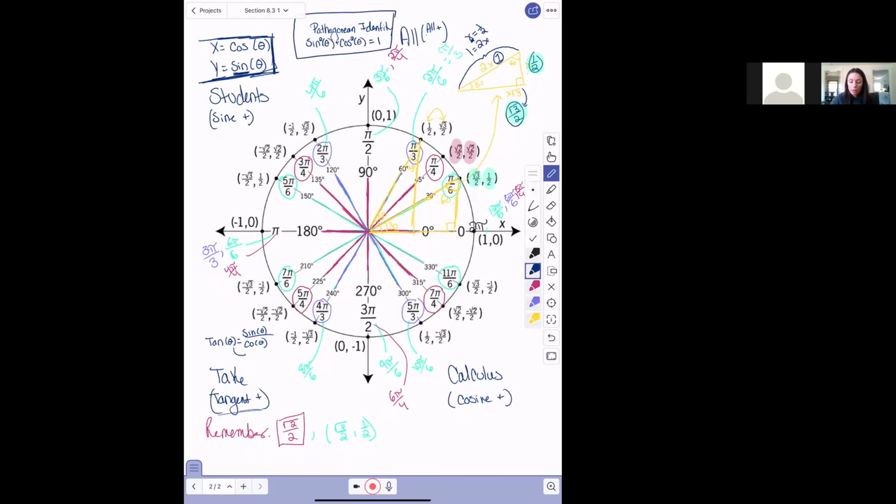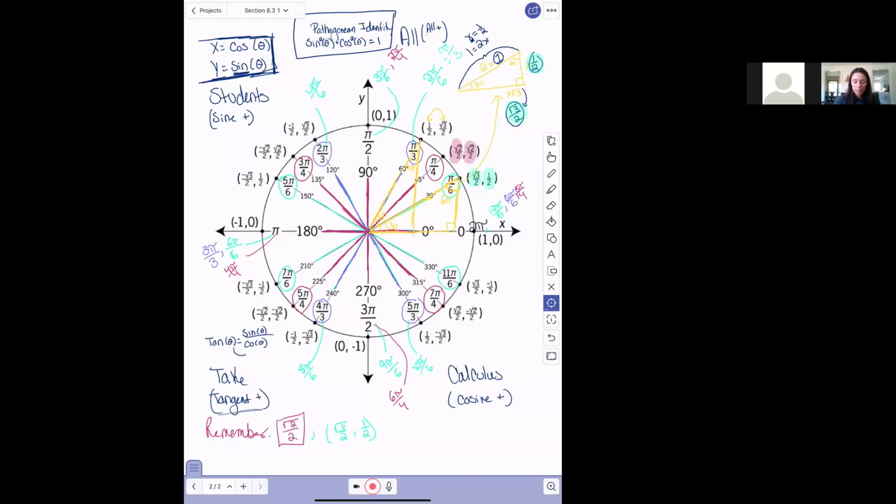And just to further explain the Pythagorean identity, if you were to try to remember a squared plus b squared equals c squared, well, here on our unit circle, all of these hypotenuses are equal to 1.